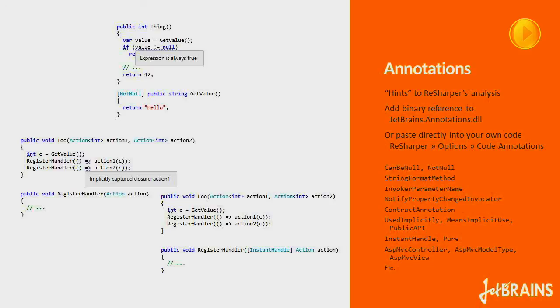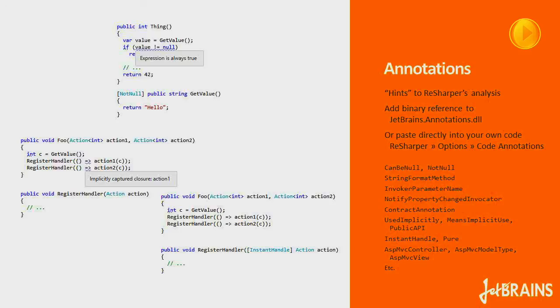There's the notify property change invocator, which is a useful one for extra support for notify property changed. Contract annotation is very powerful. It can say things like, if you pass in null, you'll get null here, or if you pass in null, you'll get an exception. If you pass in true, then you'll get an empty string back. You can give it a lot of information there to say, if you pass in something, you'll get something back, and ReSharper can use that to give you more interesting warnings in there.